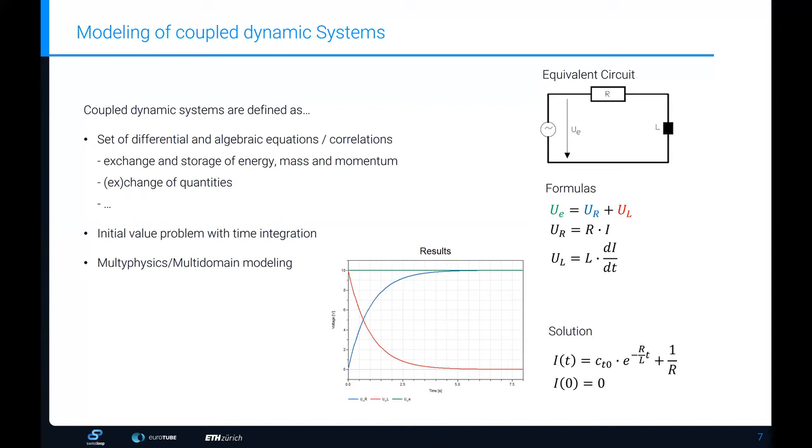Such solutions are found by time integration. So you have some differential formulas, some algebraic formulas, and then you do a time integration and get a solution for a specific starting value, and then you can plot the output of the system as a whole.